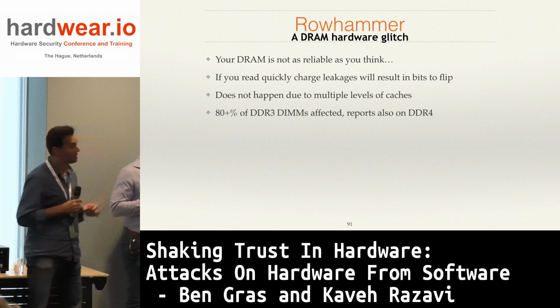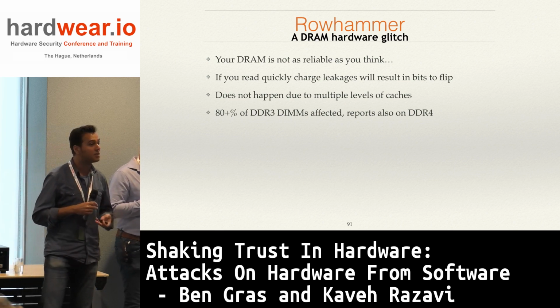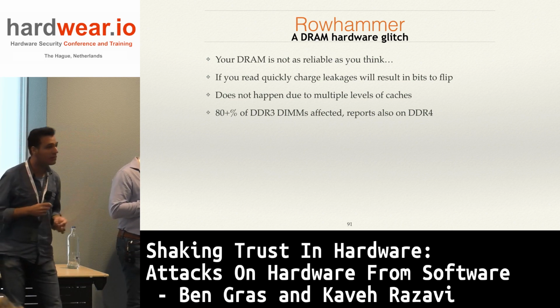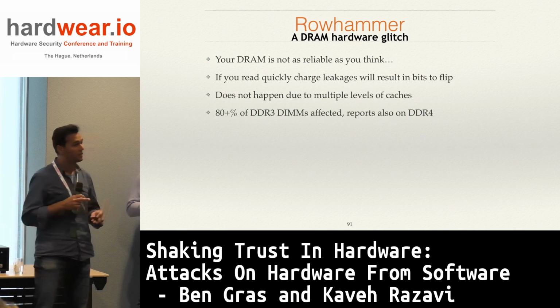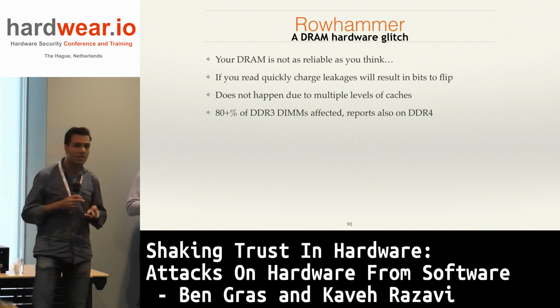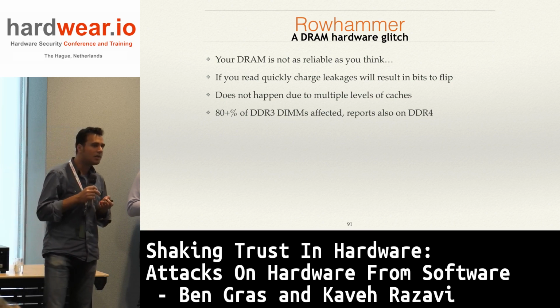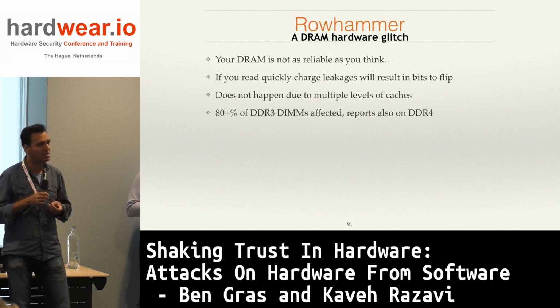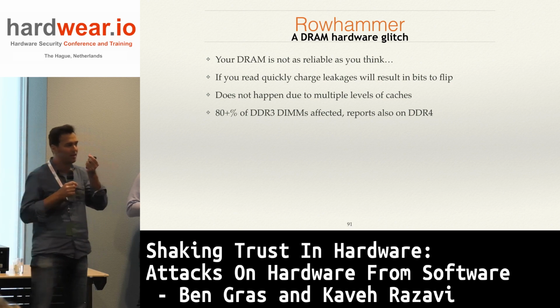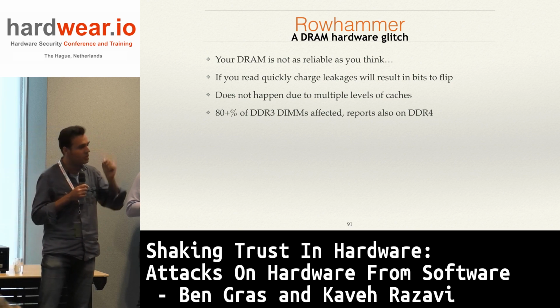People have shown recently that 80% of DDR3 DRAMs and some DDR4 modules are also vulnerable to this: if you manage to read very, very quickly from some locations in that DRAM, charges in other locations start to leak, because the transistors have become really small and the error margins have also become quite small.